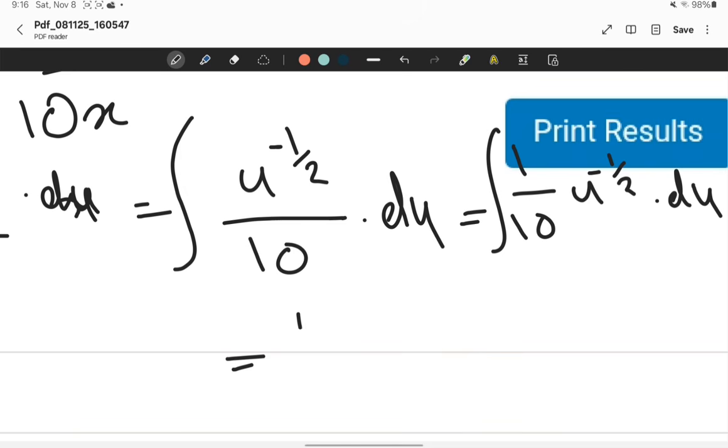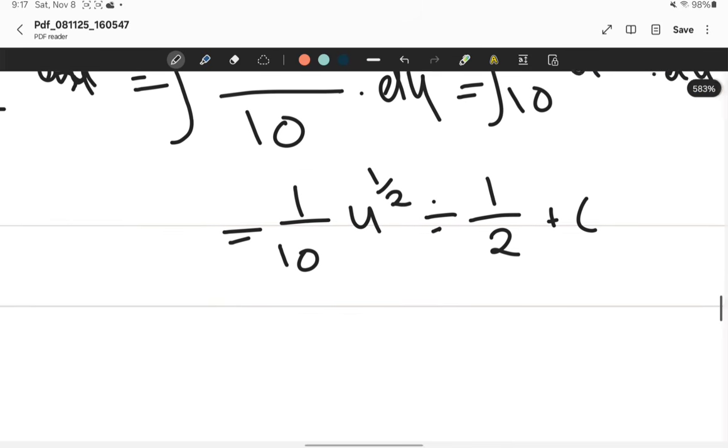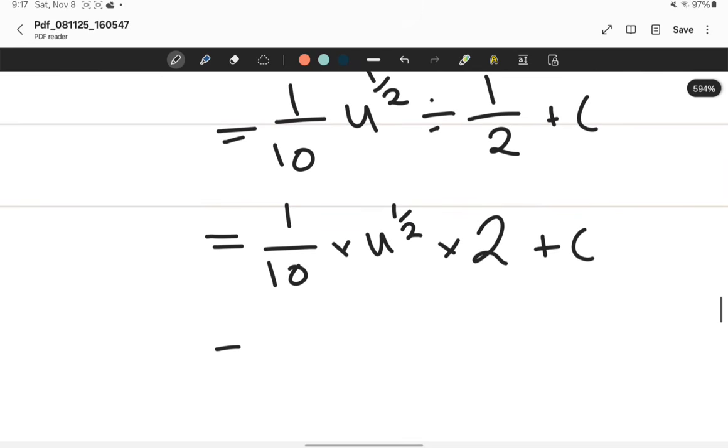It's going to be 1 over 10 times u to the minus 1 over 2 plus 1, which is 1 over 2, and we're going to divide by our new fraction. Okay, plus c. So dividing by 1 over 2 is the same as multiplying by 2. So it's 1 over 10 times u to the 1 over 2 times 2 plus c. So it's the same as 1 over 5 u to the power of 1 over 2 plus c.